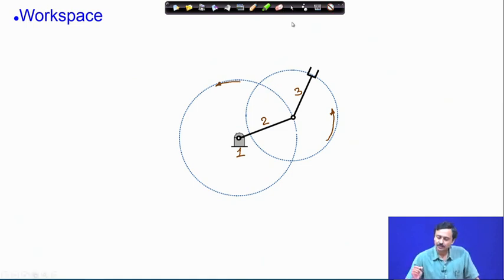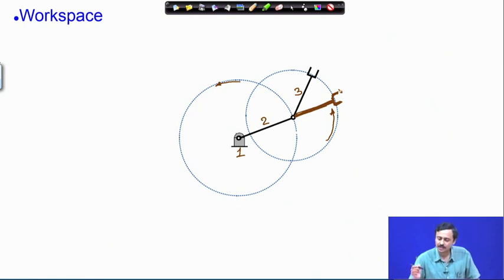So, what is the farthest reach of the manipulator? The farthest reach is when I have the completely extended situation of the arm.